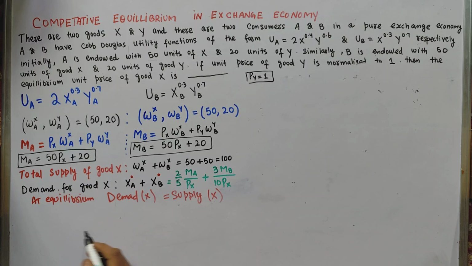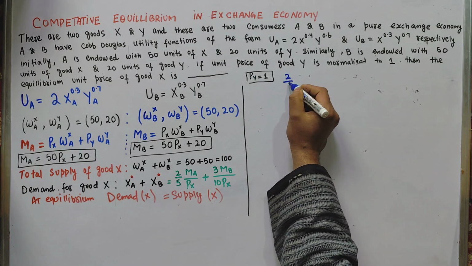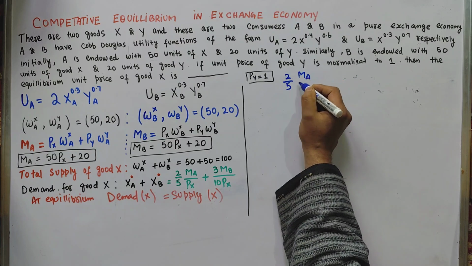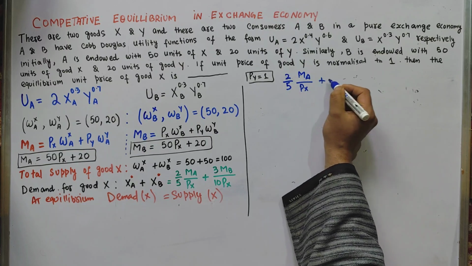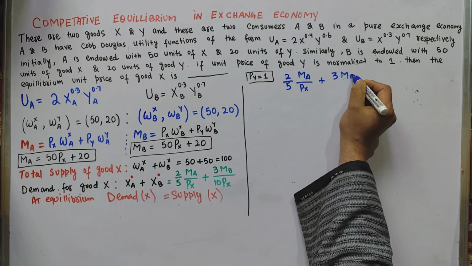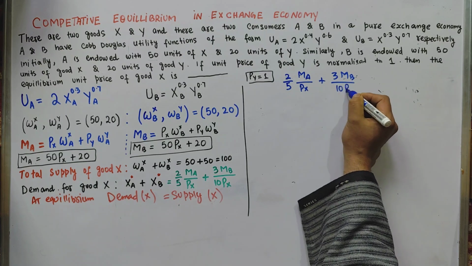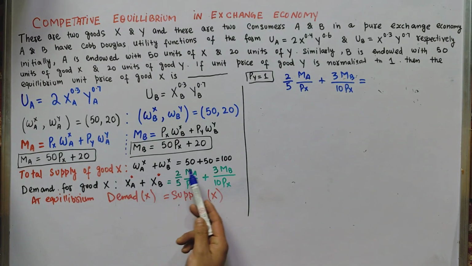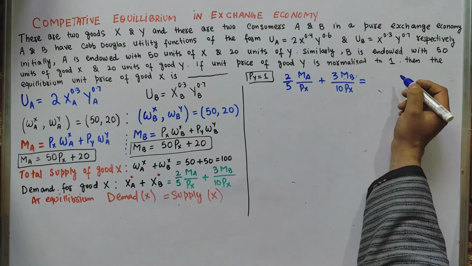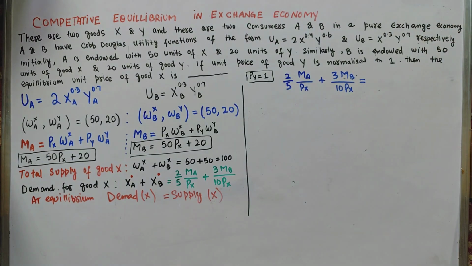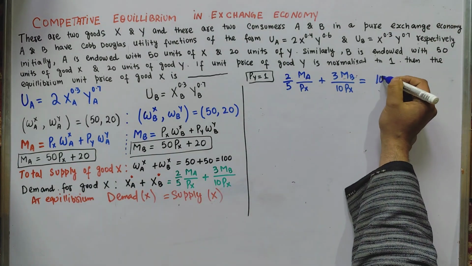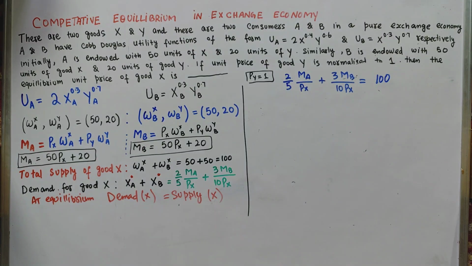So demand for good x is this, 2 upon 5 Ma upon Px plus 3 Mb upon 10 Px. And what is the total supply of good x? That is 100. We calculated it. This denotes the supply, this denotes the demand.